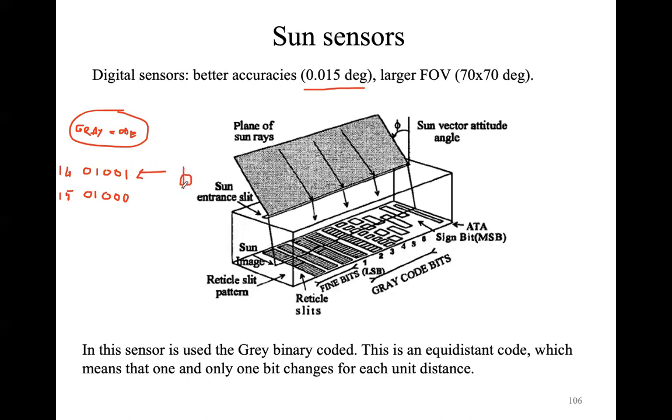So if phi changes, you are going to have a small variation of digits. The other code that you can use, for example, is the binary code.